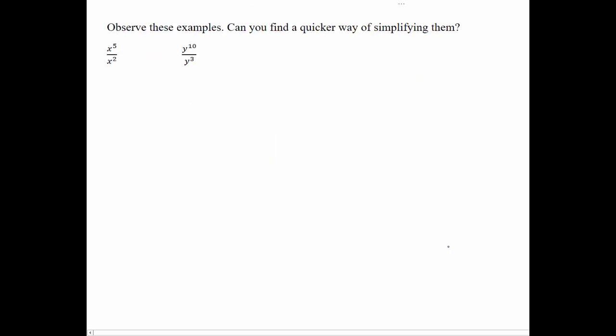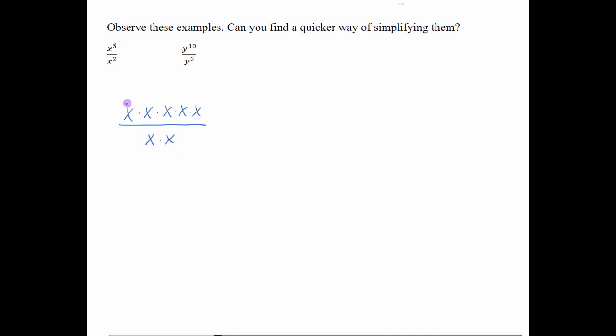Let's observe these examples. Can you find a quicker way of simplifying them? So we have x to the 5th divided by x squared. Let's go ahead and write that out in expanded form. This is x times x times x times x times x being divided by x times x.